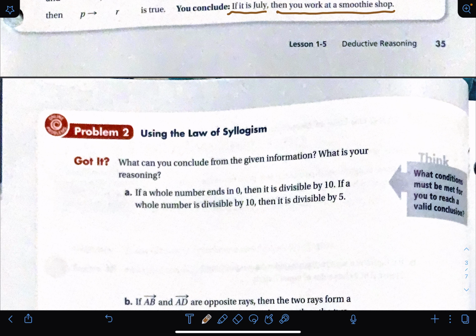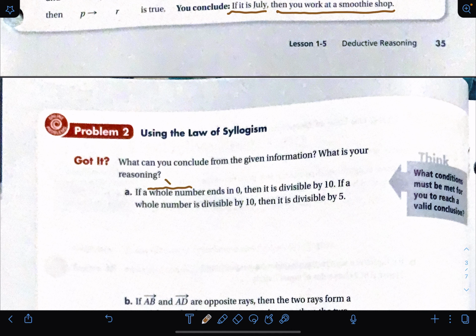If P, so if a whole number, we'll call the whole number x. So if x ends in 0, that's the if, then it's divisible by 10.